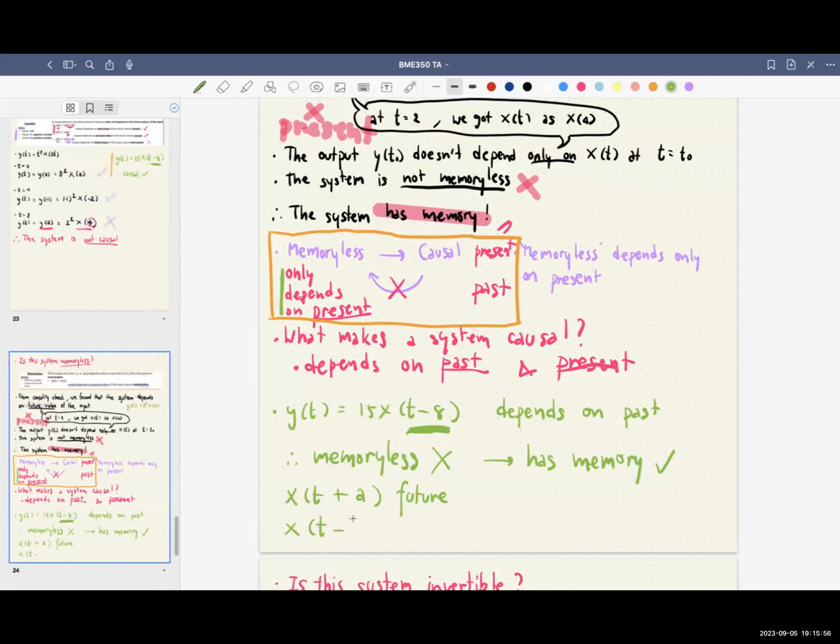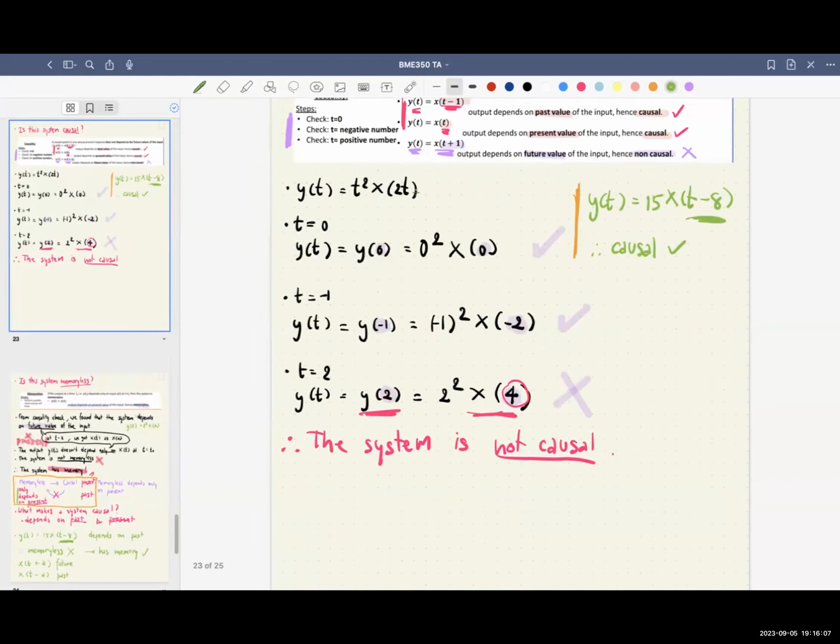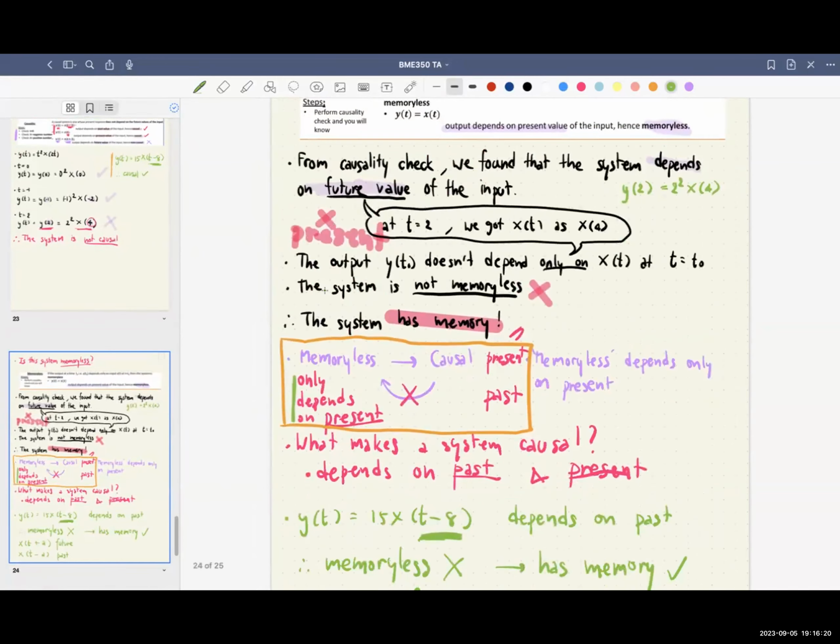So the one we did before, y(t) = t squared x(2t), is this memoryless? This system is not memoryless. Okay, let's try this together.